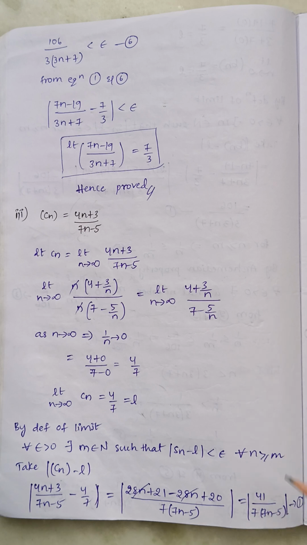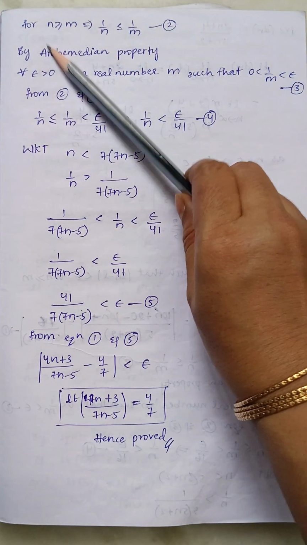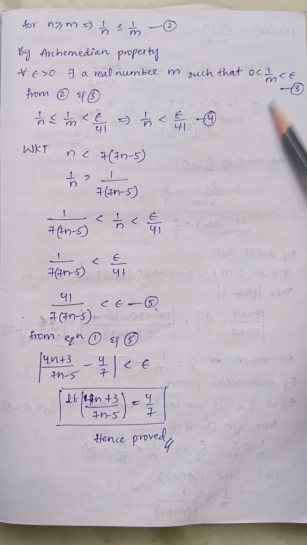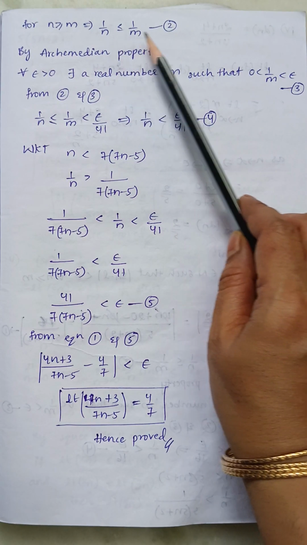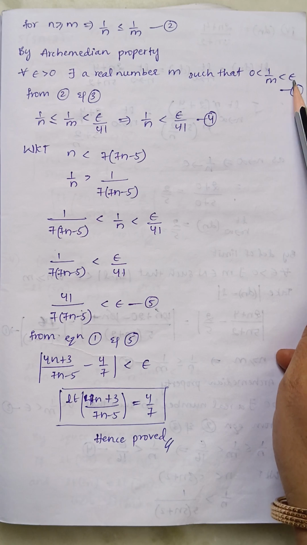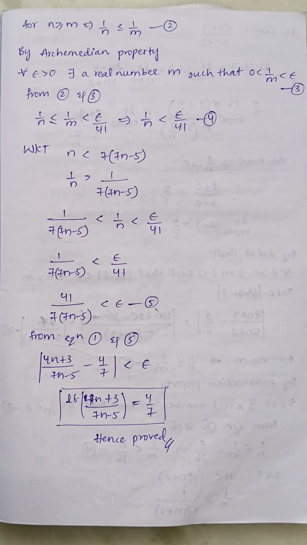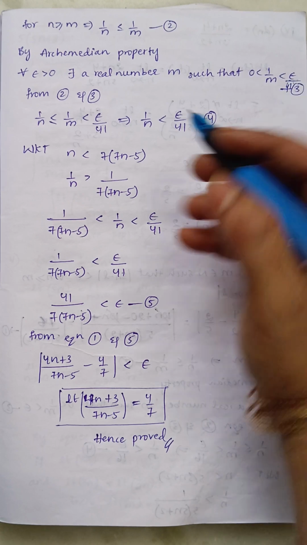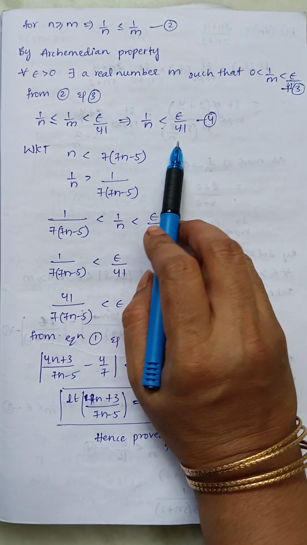Now take as before: for n greater than or equal to m, 1/n is less than or equal to 1/m, and by the Archimedean property this is less than epsilon. So 1/n is less than or equal to 1/m, which is less than epsilon. For our convenience we keep epsilon by 41.